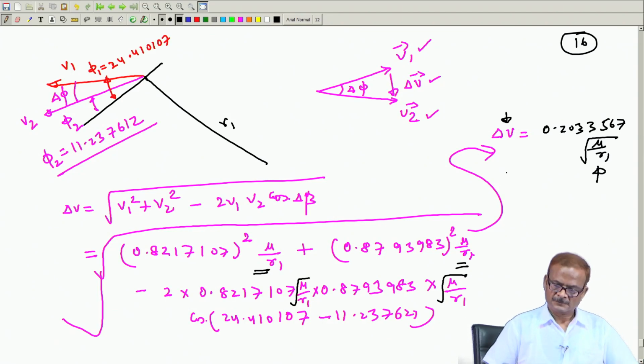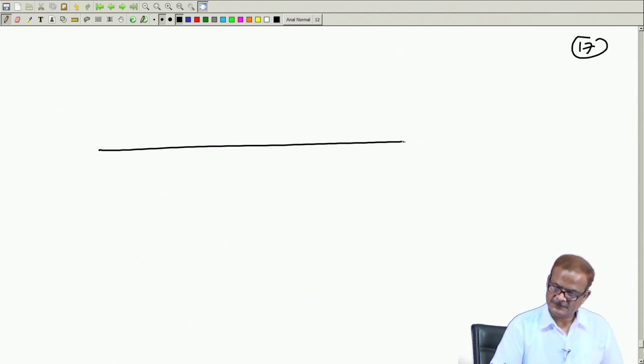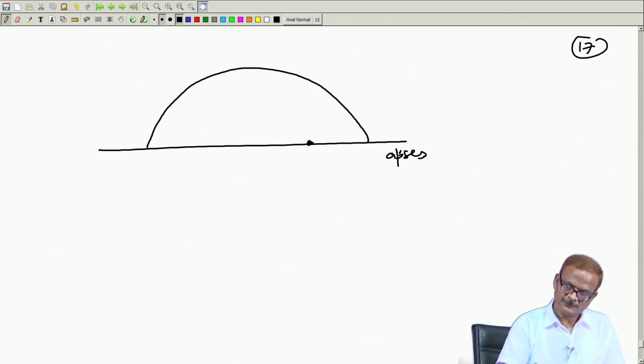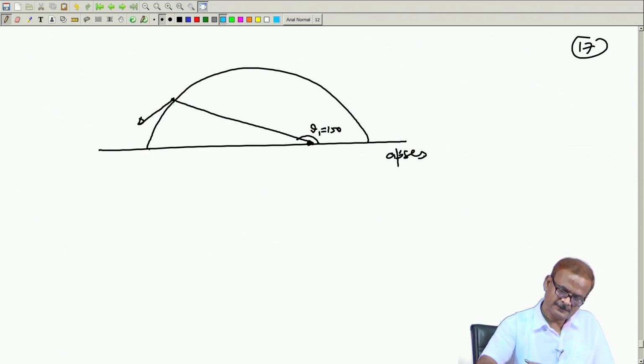Okay. So, as a final observation, this is your apse line, somewhere the focus is located here. This was the original orbit and 150 degree lying somewhere here. So, this is theta 1 equal to 150 degree. Okay. At this point the V 0 is like this and this is the local horizontal.